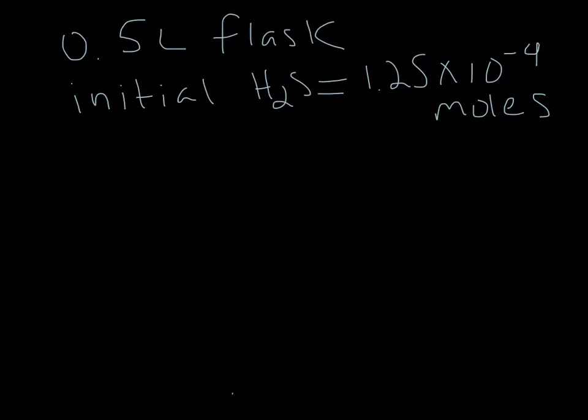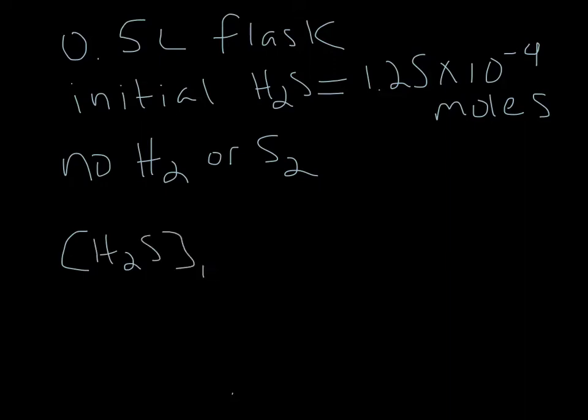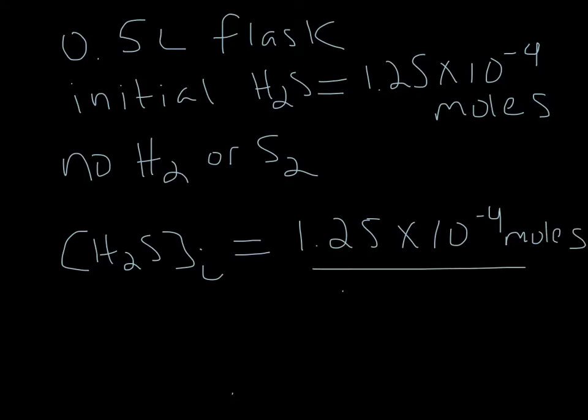And so we'll also say that we have originally no H2 or S2 in the flask. So to get my initial concentration of H2S, that's going to be 1.25 times 10 to the negative 4 moles over 0.5 liters, the volume of my flask, and so that gives me a concentration of 2.5 times 10 to the negative 4 molarity.